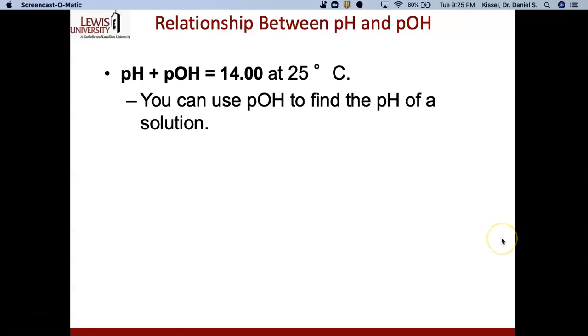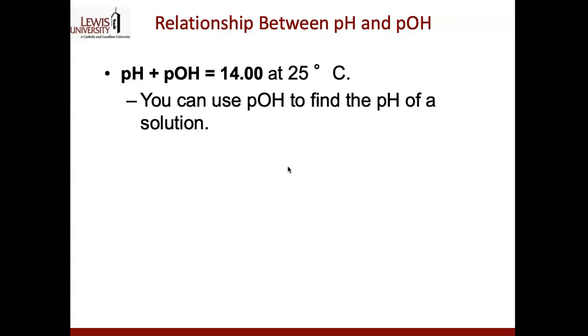Like I said, you can use pOH to find the pH of a solution and vice versa. This is from the fact that the concentration of H3O plus times OH minus is equal to 1.0 times 10 to the minus 14th, which is the Kw value.